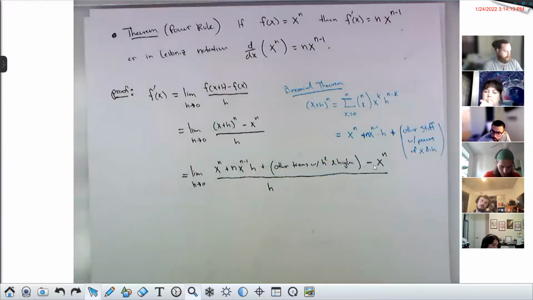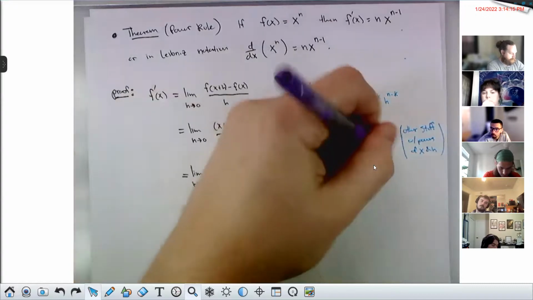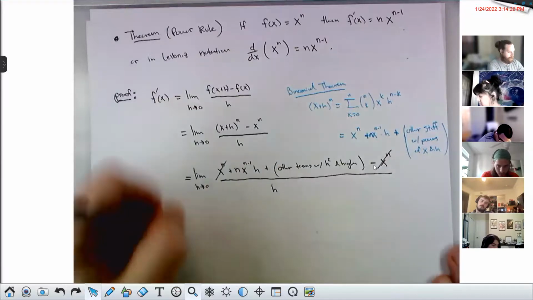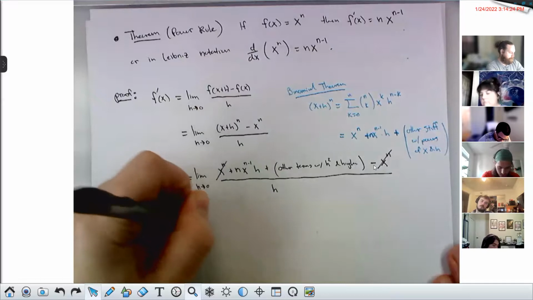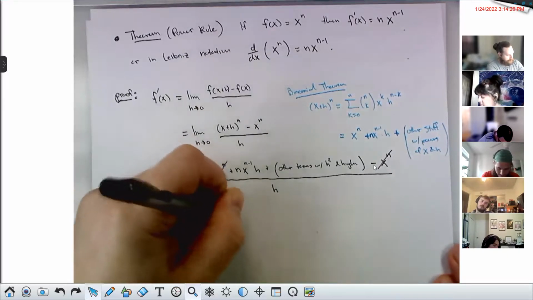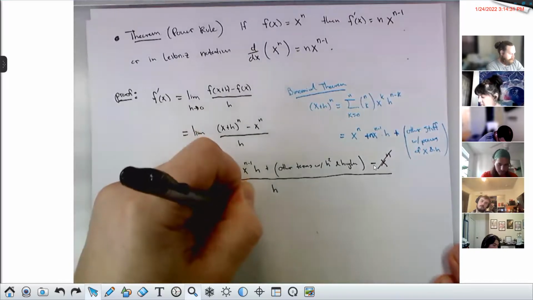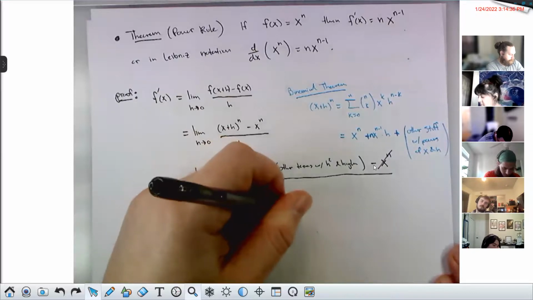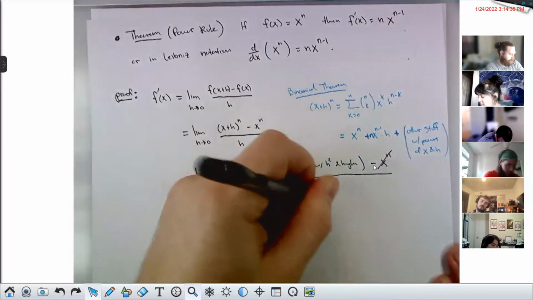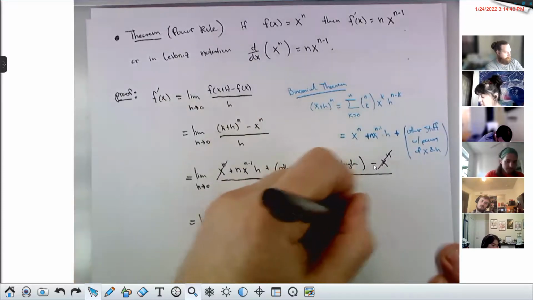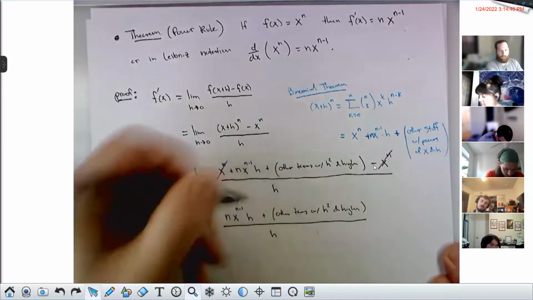The good news here is that x to the n cancels. And then I'm left with the limit as h goes to 0 of n x to the n minus 1 times h plus other terms with h squared and higher, all over h.